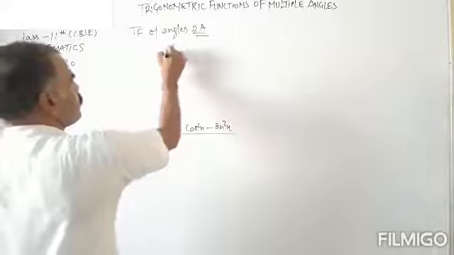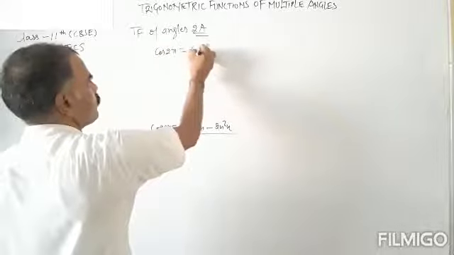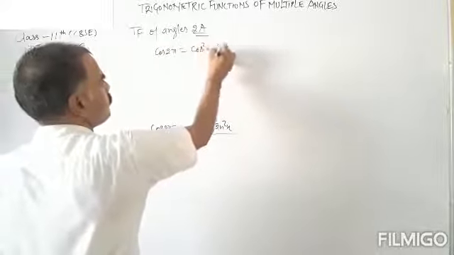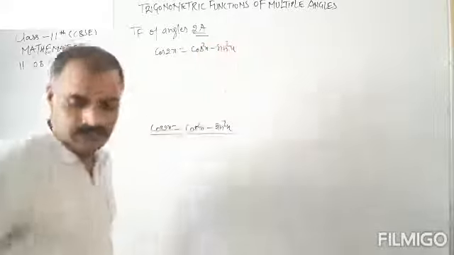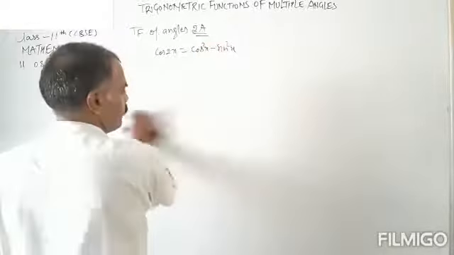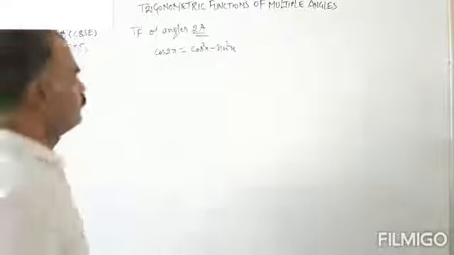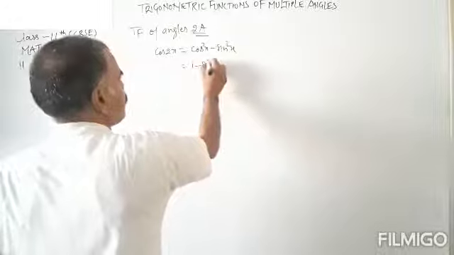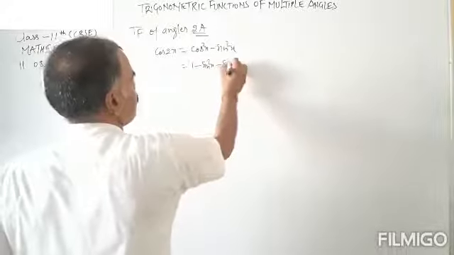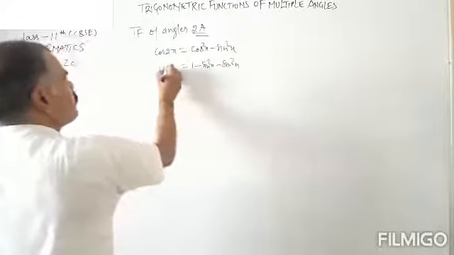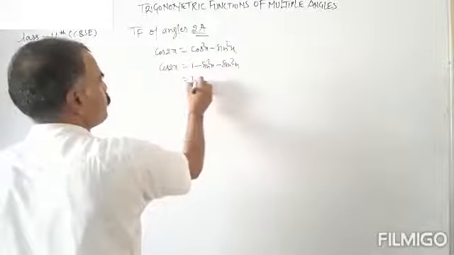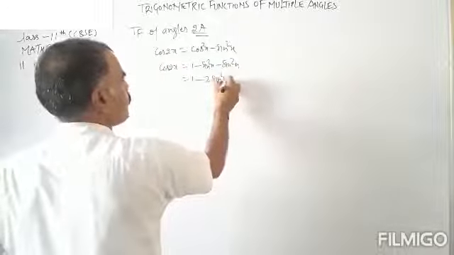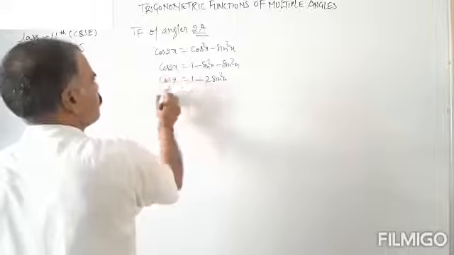We will start from here. Change the cos square x into 1 minus sin square x, so cos 2x equals 1 minus sin square x minus sin square x. So cos 2x equals 1 minus 2 sin square x.